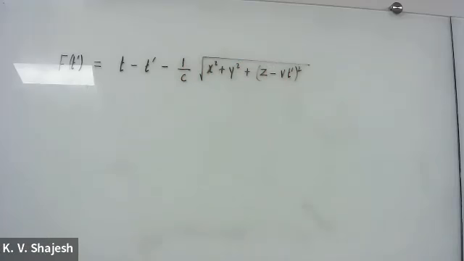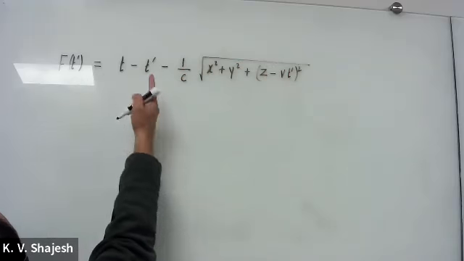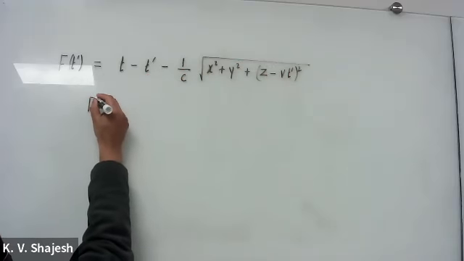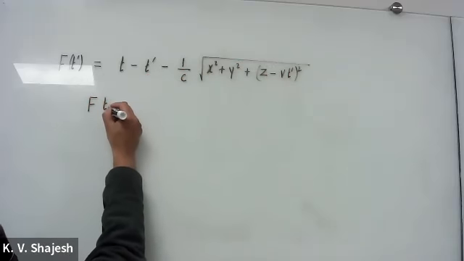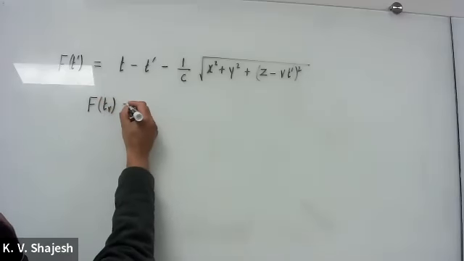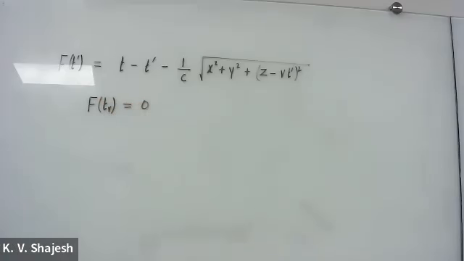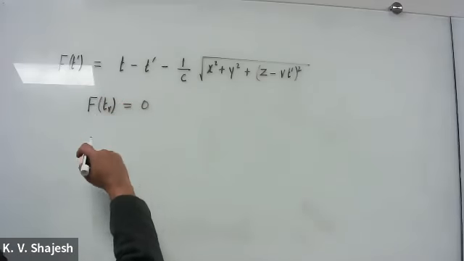When we are looking for the roots, we are saying that this is equal to 0. Let's say the roots are t_r. Whenever it is a root, that's equal to 0. That means we have to set that to 0, and we want to solve for t_r.